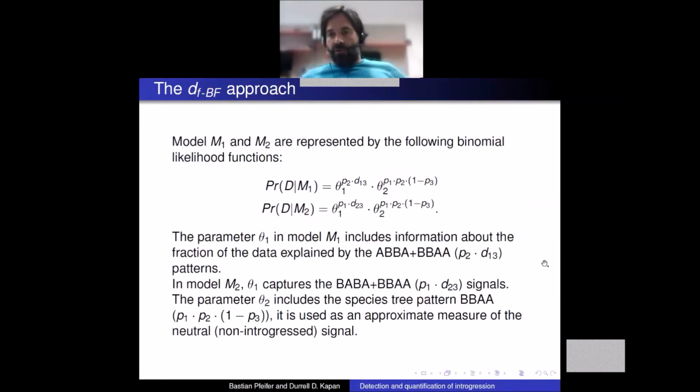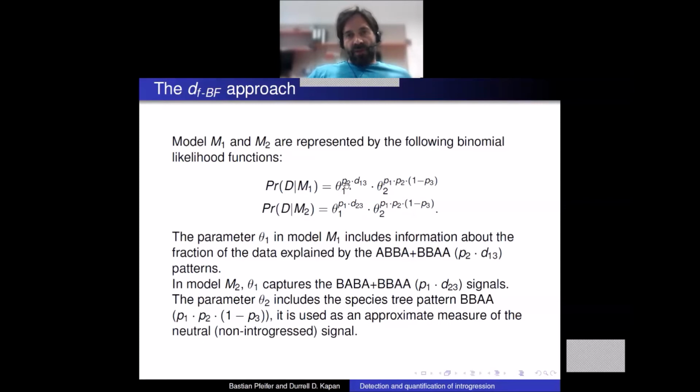For a first try, we applied a simple binomial model with beta conjugate priors. So you see that the model includes two parameters, and the observations are reflected here. And that's basically the terms we saw in the already published DF statistics.